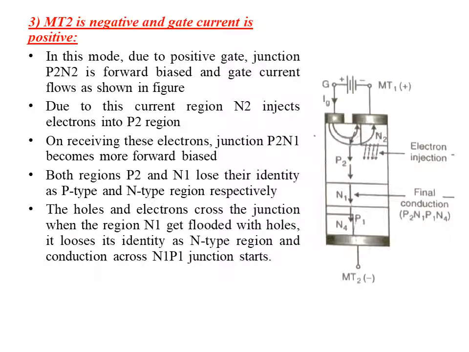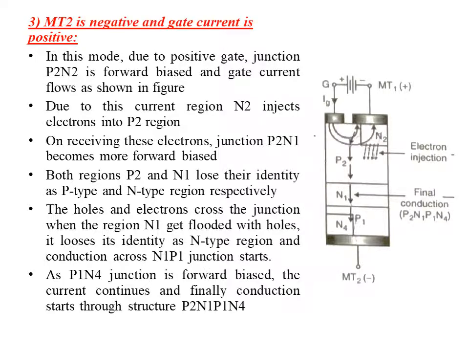The holes and electrons cross the junction, and when the region N1 gets flooded with holes, it loses its identity as an N-type region and conduction across the N1 P1 junction starts. Thus, the P1 N4 junction is forward biased, the current continues and finally conduction starts through P2 N1 P1 N4.